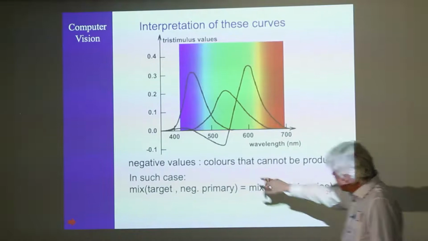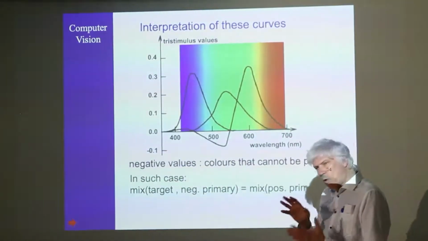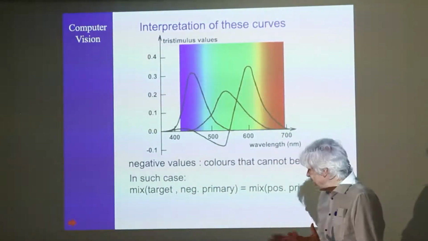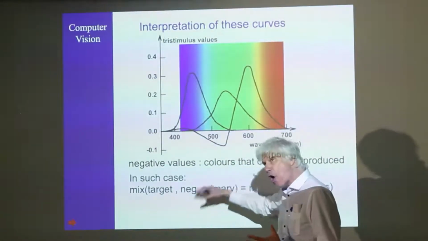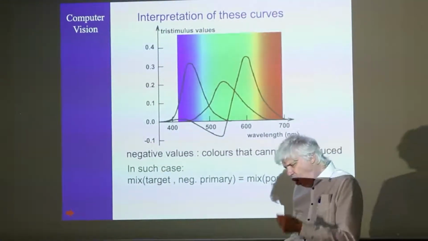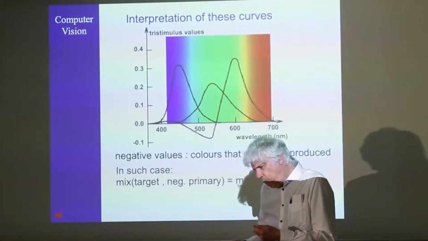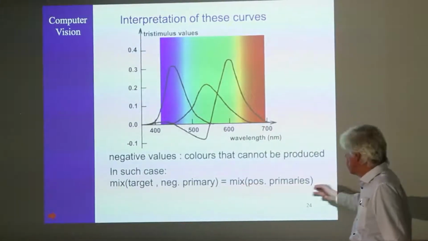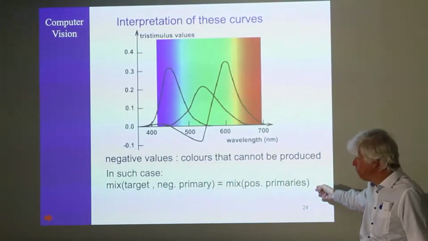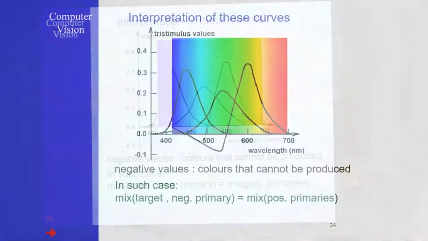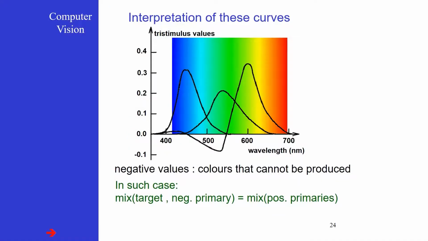In the case where you have a negative value, it means that if you combine the target with that particular amount of that negative primary, but put on the other side of the equation, so to speak, to turn it into positive, so you take the target plus a certain amount of the negative primary, that gives the same impression as the mixture of the 2 positive primaries. So that gives us a certain value. And why the value is important, we'll see in the next slide. We still won't have a value otherwise, these curves will be useless to us.